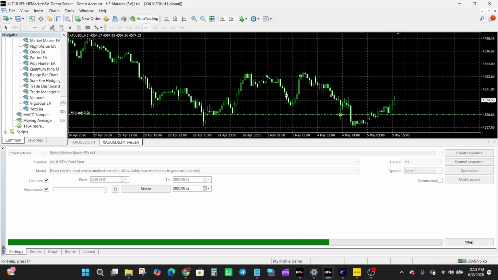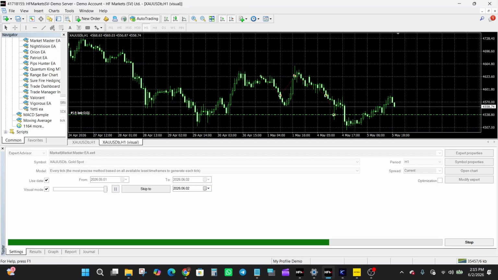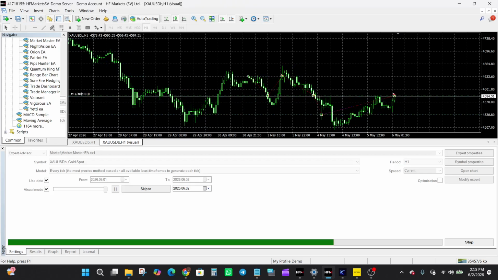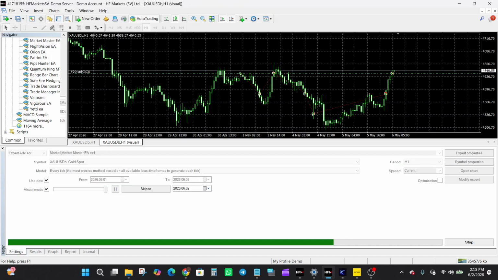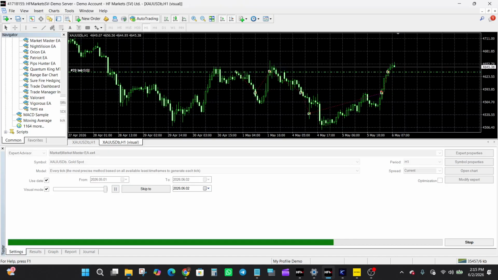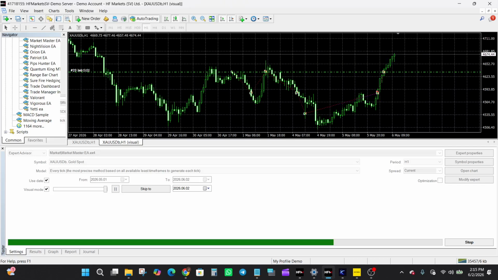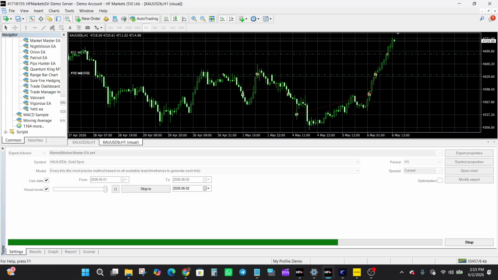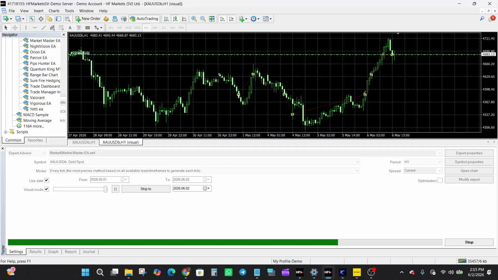So it's not something you would typically run without careful optimization and testing across multiple conditions. I would personally recommend running longer term testing and forward testing as well before considering any live environment, just to understand how it behaves under different volatility cycles and market structures.